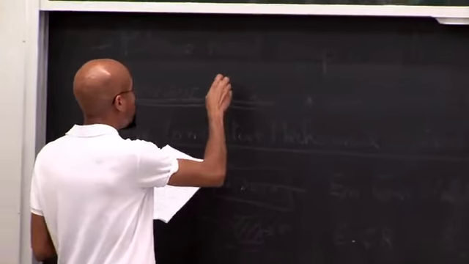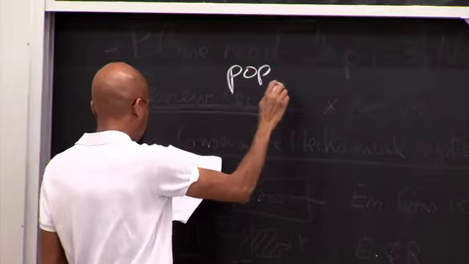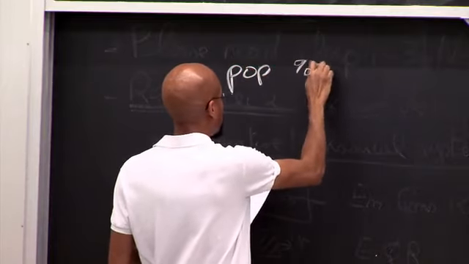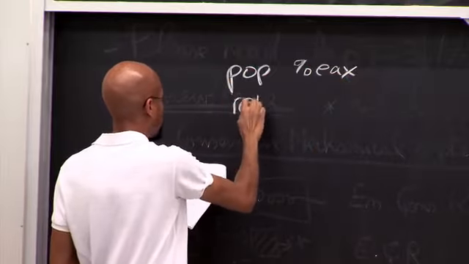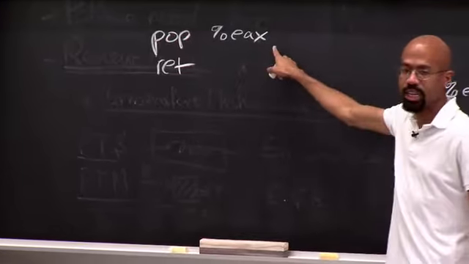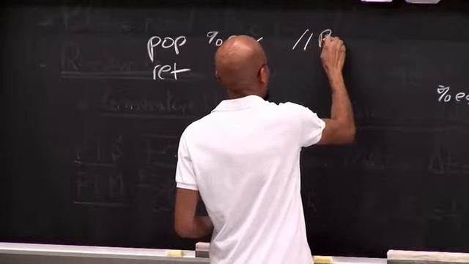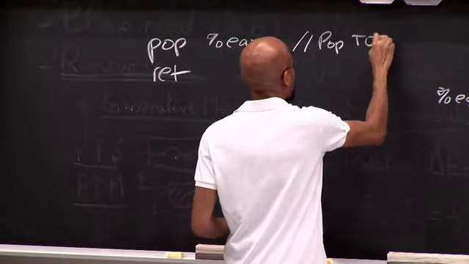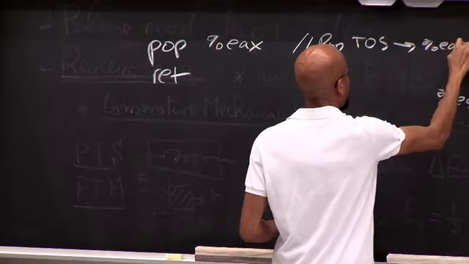What we need to do now is find the address of these two opcodes. So what is this? This is pop into EAX. What does this do? It takes the top of the stack and puts it into the EAX register.